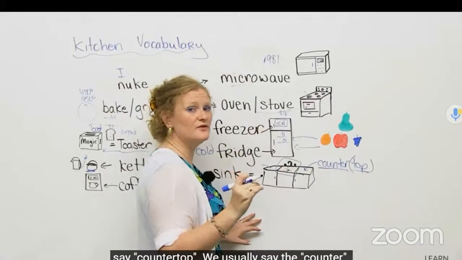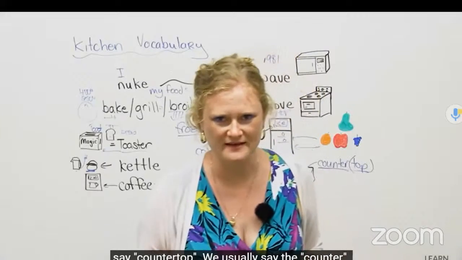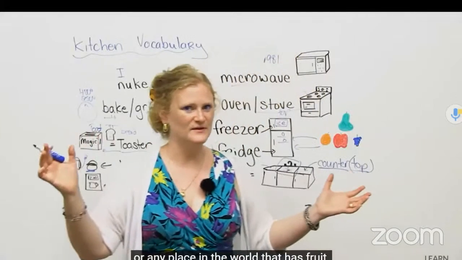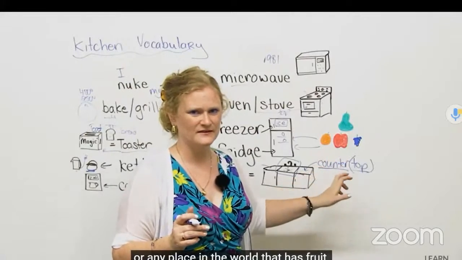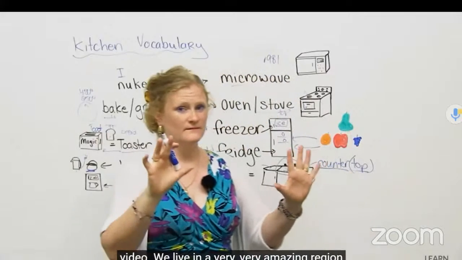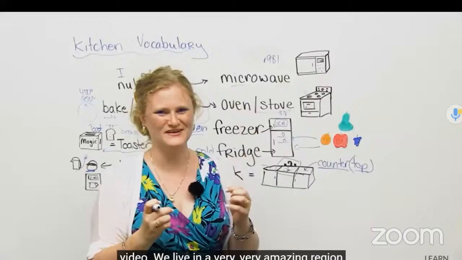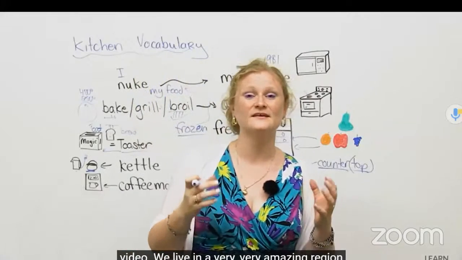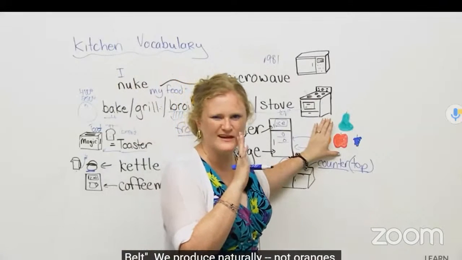Now, if you live in some place like Canada or any place in the world that has fruit, you might see things flying around in this video. We live in a very, very amazing region in Canada called Ontario. It's a fruit belt. We produce naturally, not oranges, shh, don't tell anyone.